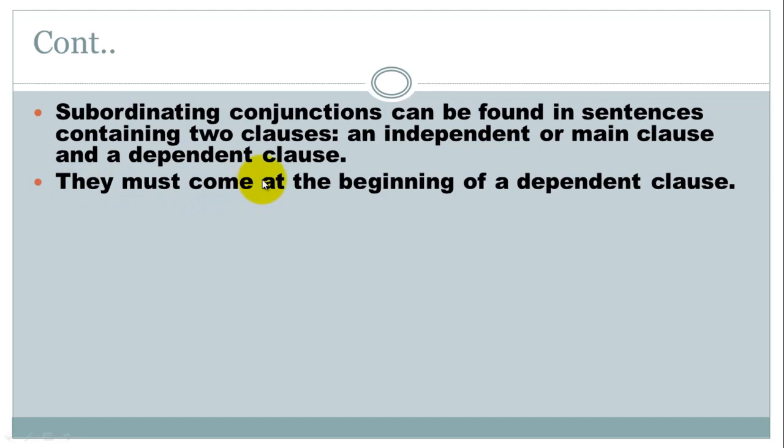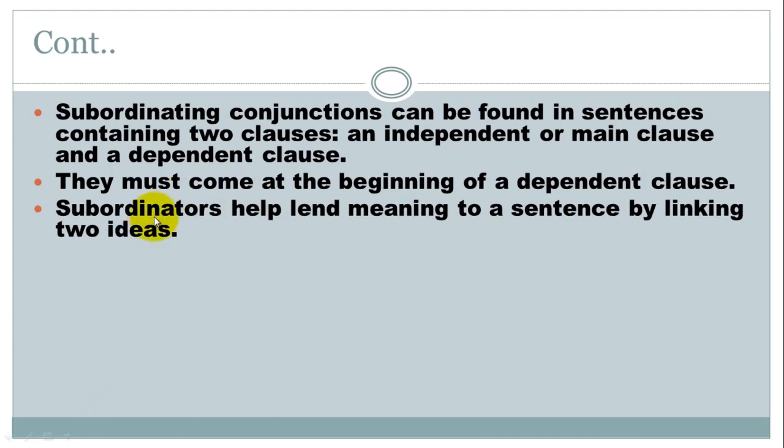The subordinating conjunctions must come at the beginning of a dependent clause. We shall see what dependent clauses we are talking about, inshallah. These are very important points you have to note, write down, and copy in your books.